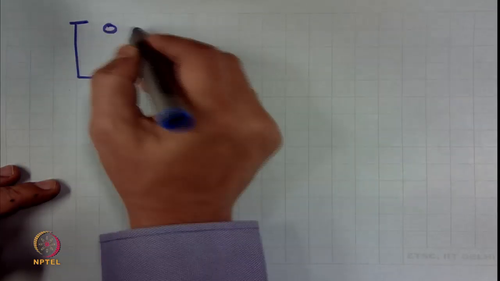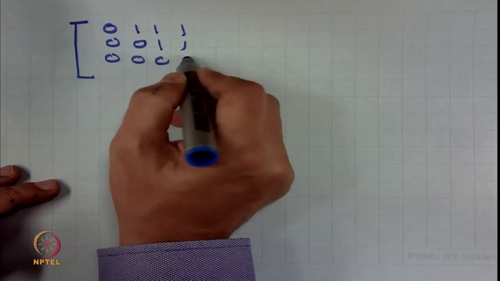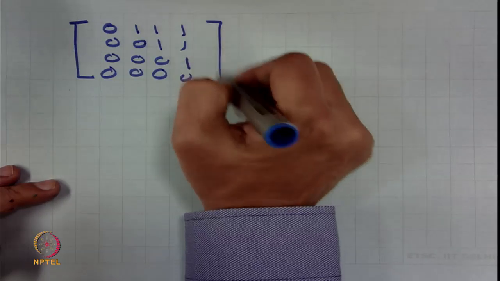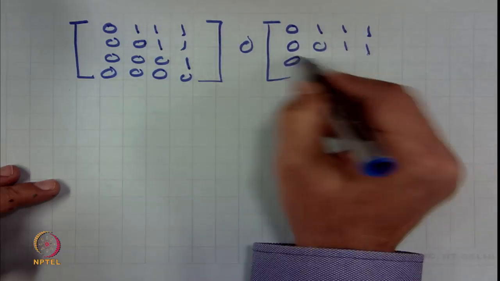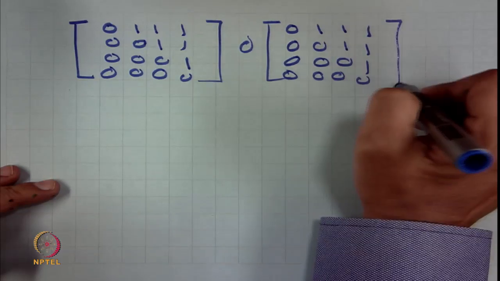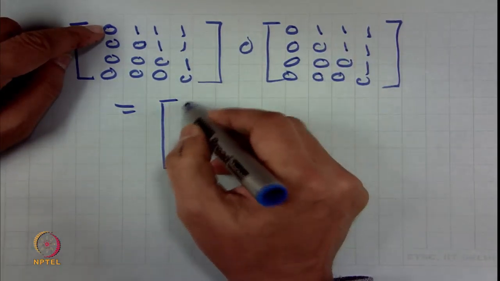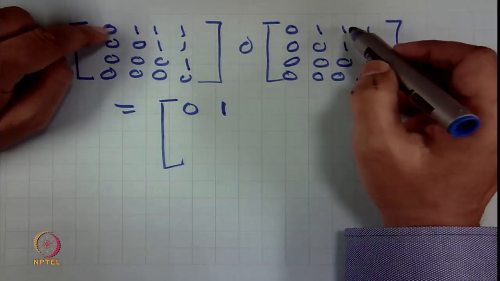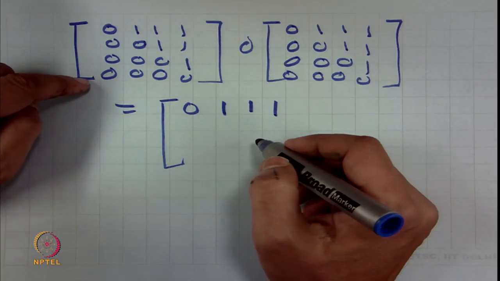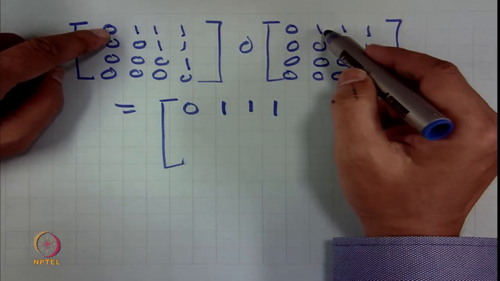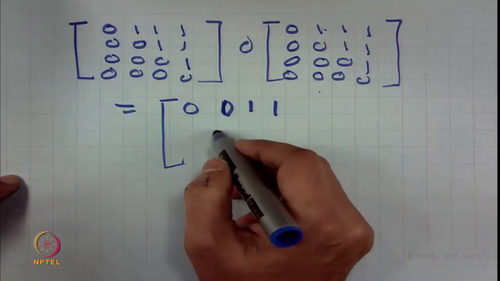Therefore, 0 1 1 1, 0 0 1 1, 0 0 0 1 and 0 0 0 0, when we compose with itself, we get 0 1 1 1, this is going to be 0 0 1 1.